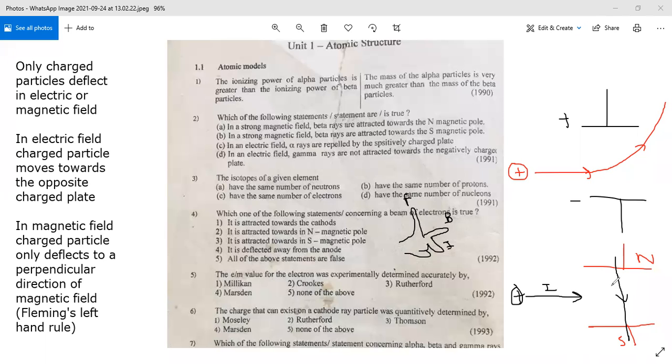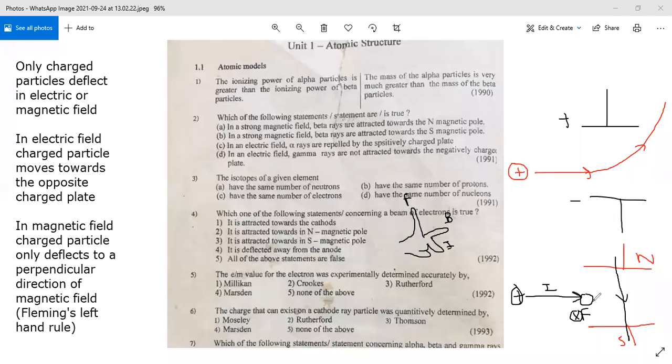So if you put FBI, which direction does your thumb show? The thumb shows into the screen. So when it is inside the field, the force is into the screen.